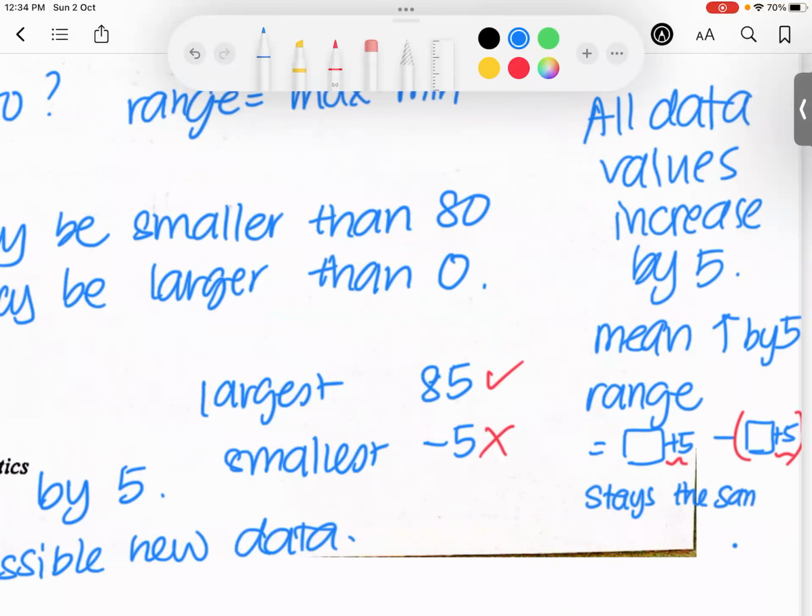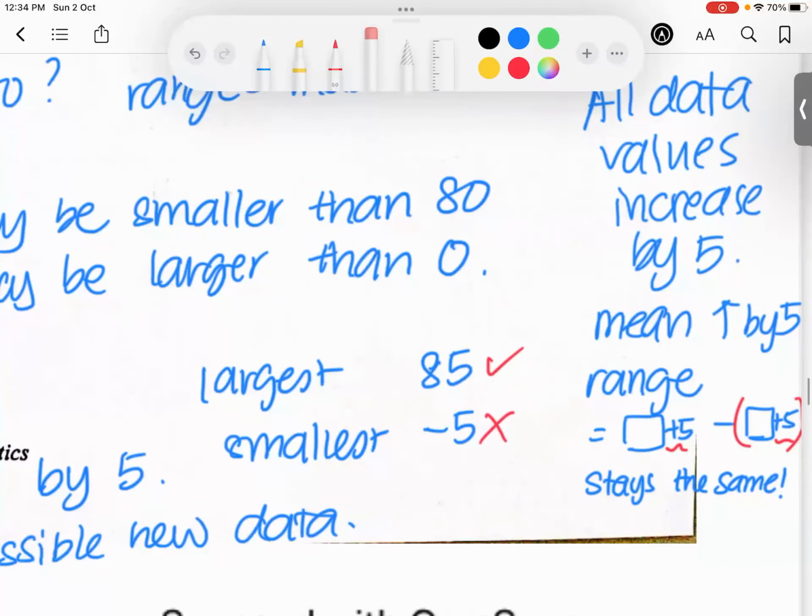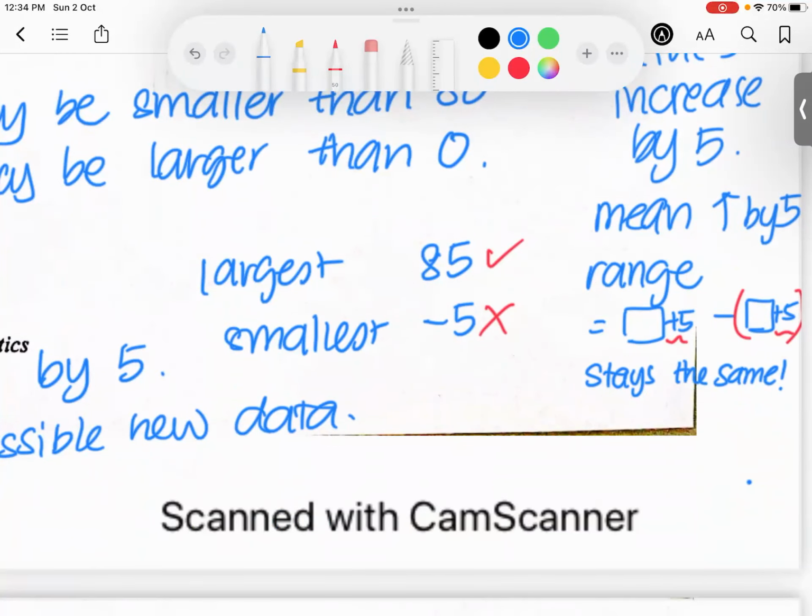Okay, if they ask you about standard deviation, if you look very closely at your standard deviation formula, most of you don't look at the formula anymore because you use the calculator directly. If everything is increased by 5, what happens to the standard deviation?